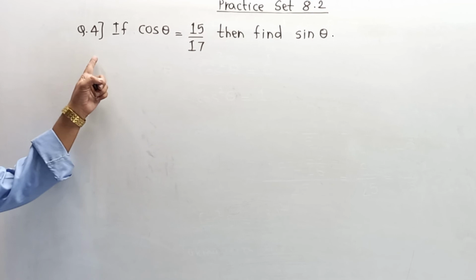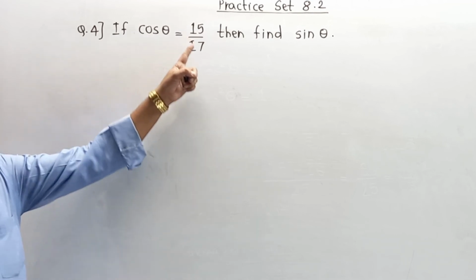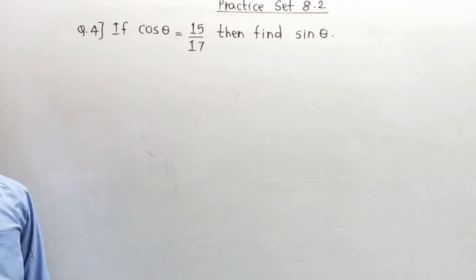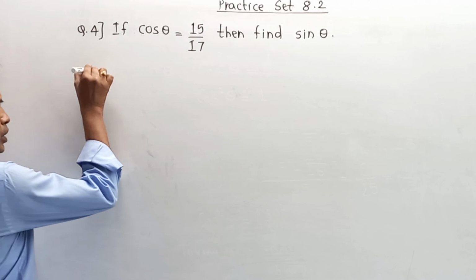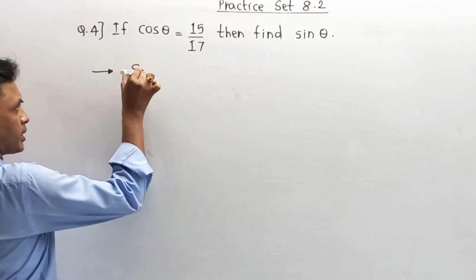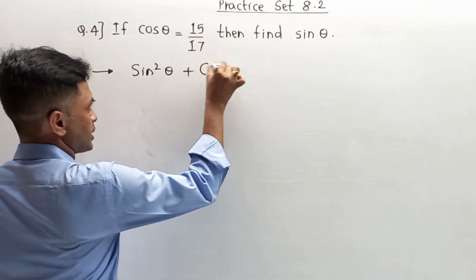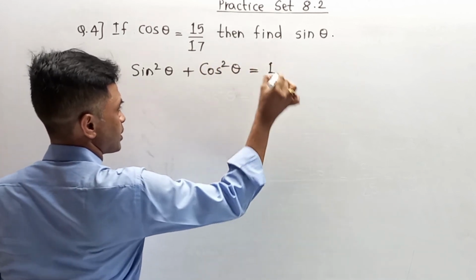Now our question number 4 is: if cos theta is equal to 15 upon 17, then find the value of sin theta. Again we are using the fundamental identity. We know that sin square theta plus cos square theta is equal to 1.